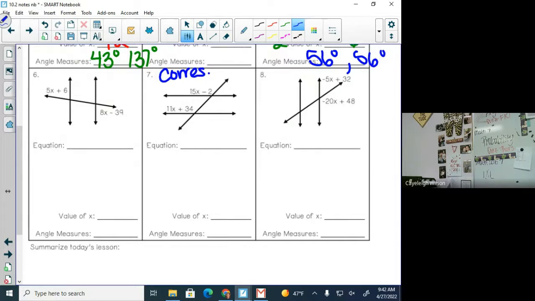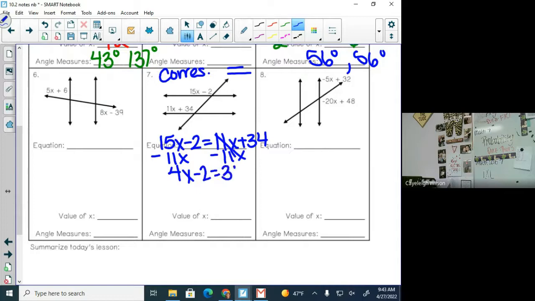They're located in the same spot, which means 15x minus 2 equals 11x plus 34. Subtract your 11x. So that's 4x minus 2 equals 34. Add the 2. So 4x equals 36. Divide by the 4. And we get 9. Yes.